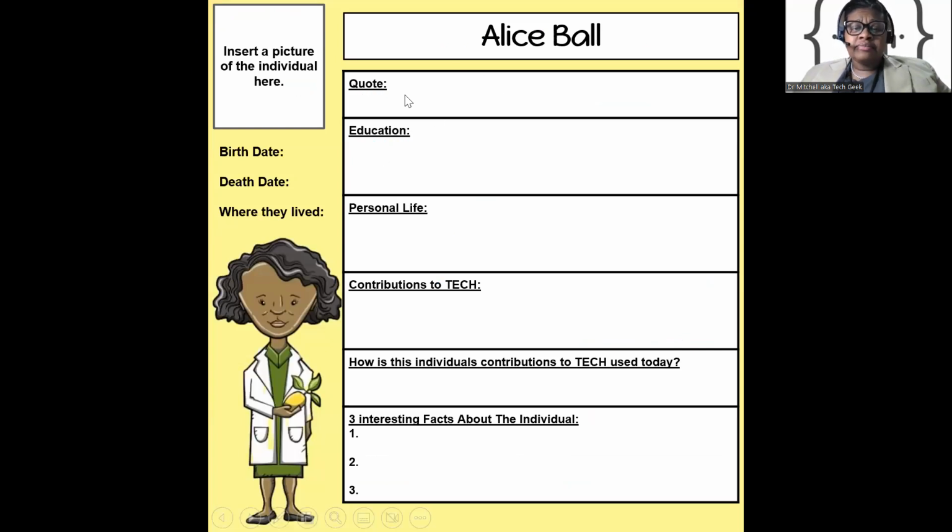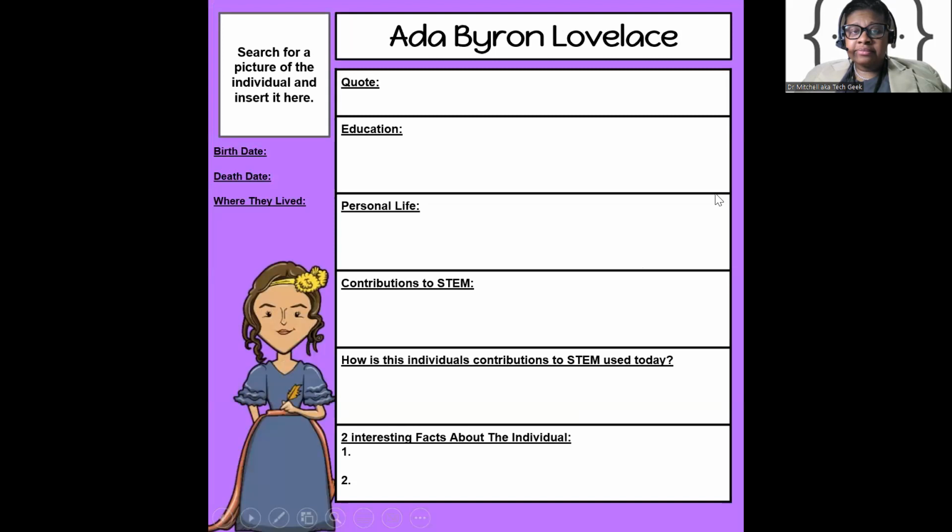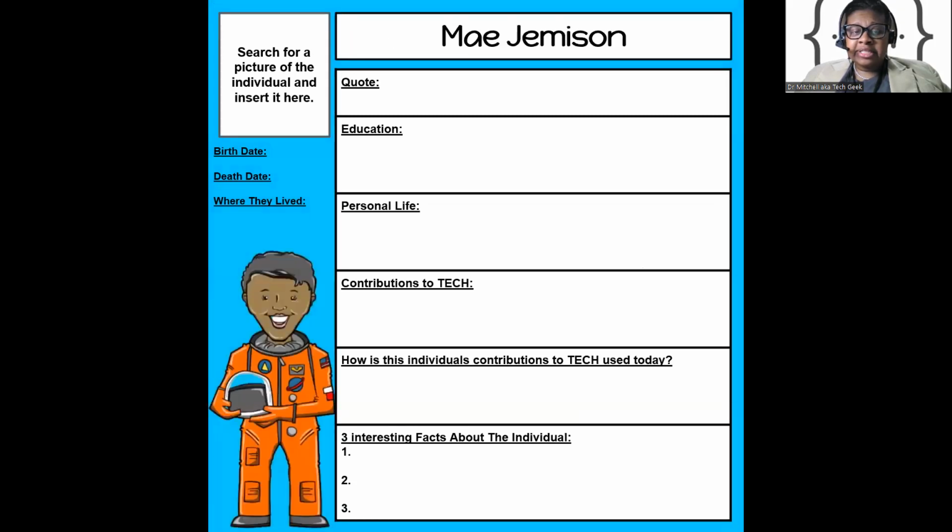You can definitely, if by chance you're doing Alice Ball, you have a clear page here where you can put the edits in. I have Alice Ball. I have Katherine Johnson, Ada Lovelace, Mae Jemison, which I have seen some students choose her.